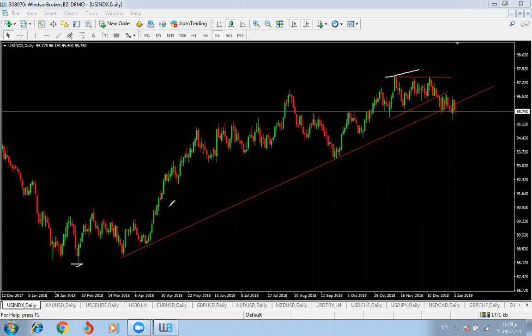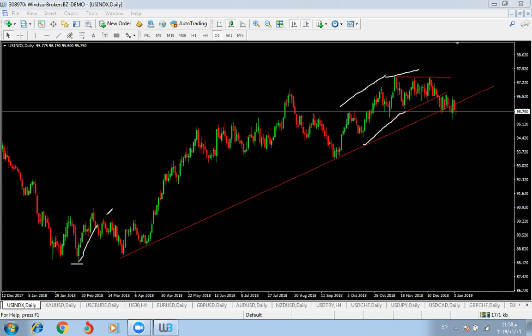This is A, this is B, and this is C. The price is trying to reverse from this area. We are considering this reversal pattern as a contracting ending diagonal for the dollar index.